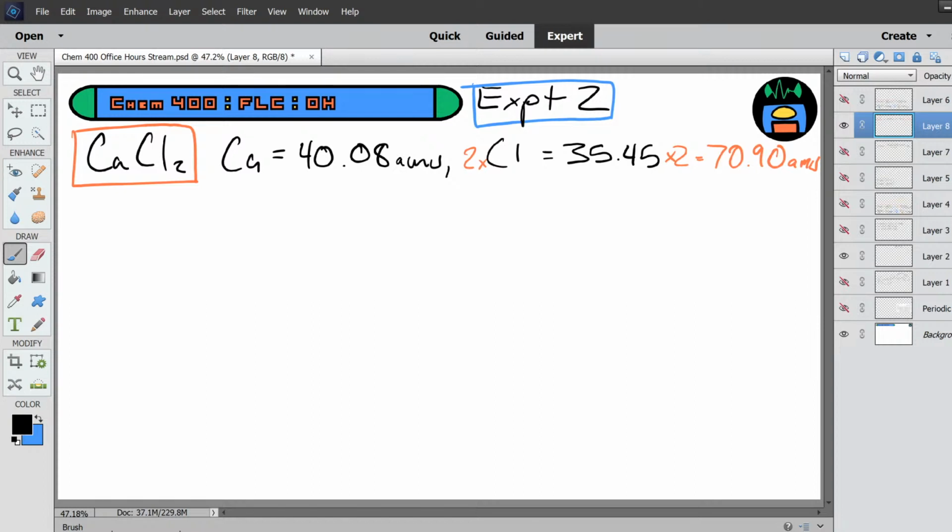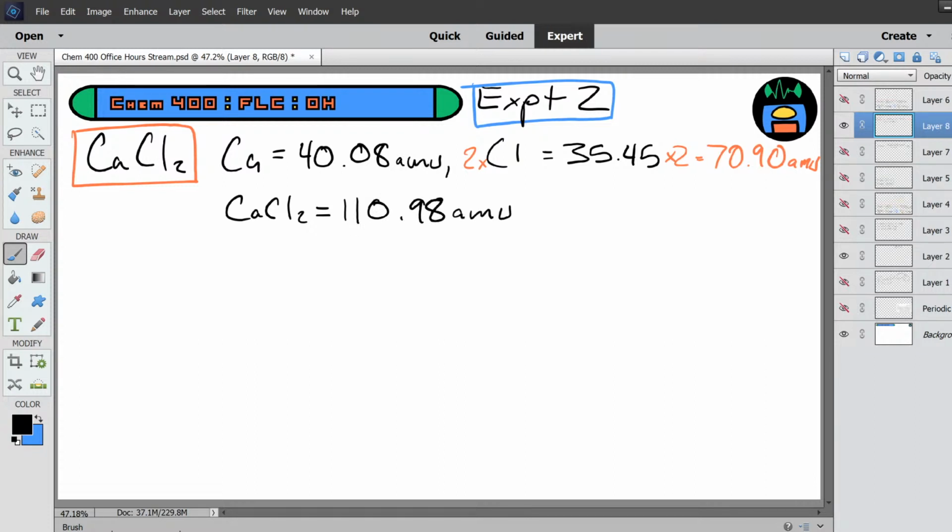So our molecular mass for calcium chloride, sorry, not atomic, molecular mass. Let's see, it'll be 70.90 plus 40.08 is 110.98 AMU.